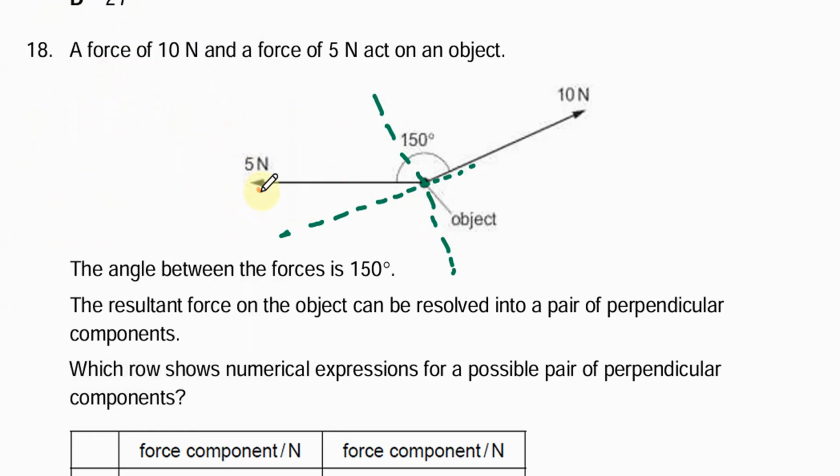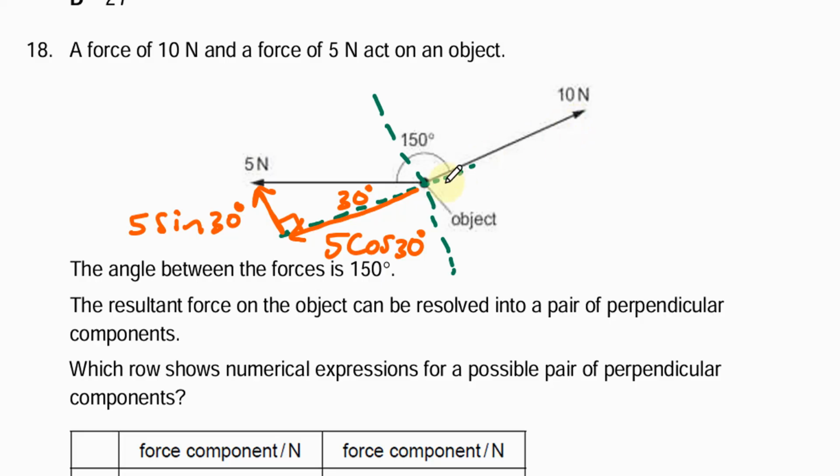Of course, we'll have a component this way and a component this way. This, of course, is 30 degrees here. So this component of the 5 Newton force will be 5 cos 30. And this component will be 5 sin 30. This angle being 90 degrees.